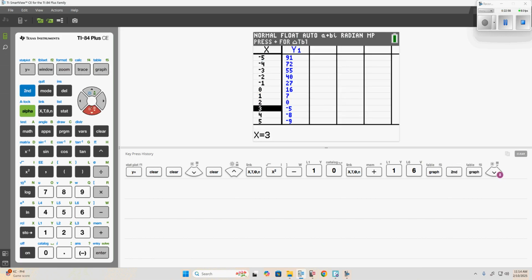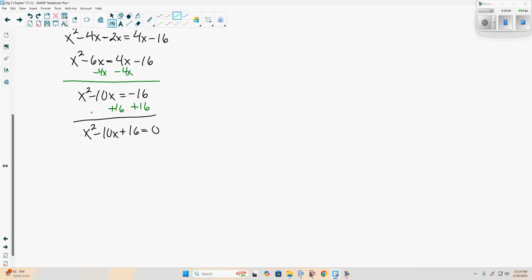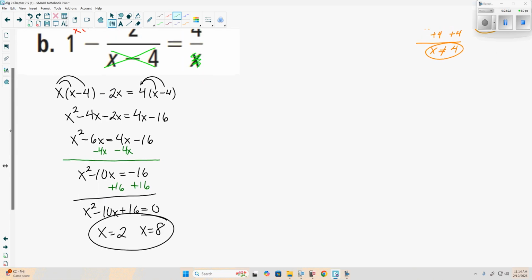One of them is going to be 2, and the other is 8. So when x is equal to 2 and x is equal to 8, it would give us a value of 0, and those values actually also solve our original rational equation.